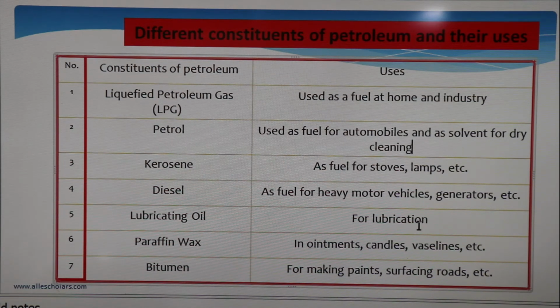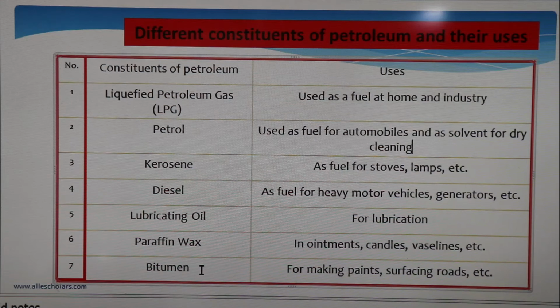You must have seen candle wax. The candles are basically made up of paraffin wax. Vaseline is there. We use Vaseline for different purposes, for our skin also. That is also made of paraffin wax.